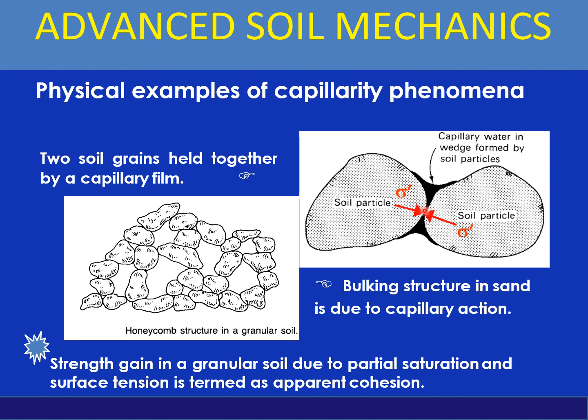So in this way, you will be having the bulking structure in sand due to capillary action. Strength gain in a granular soil due to partial saturation and surface tension is termed apparent cohesion. So you would be having the honeycomb structure in a granular soil like that.